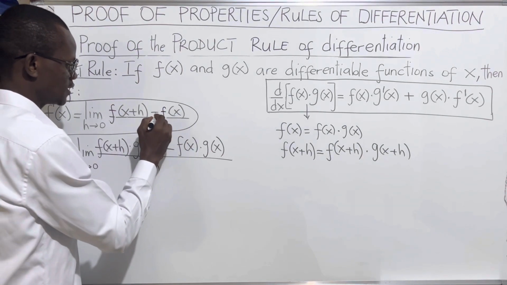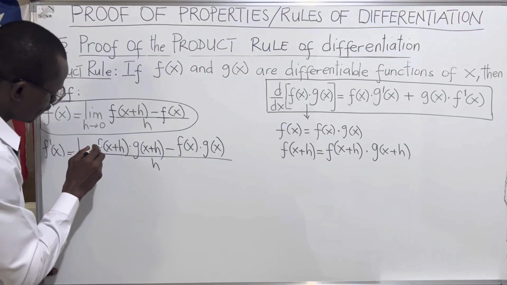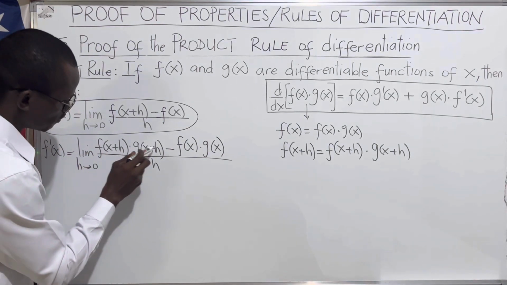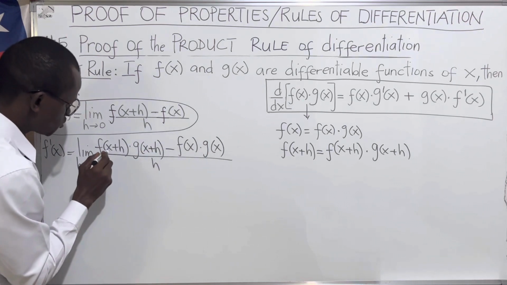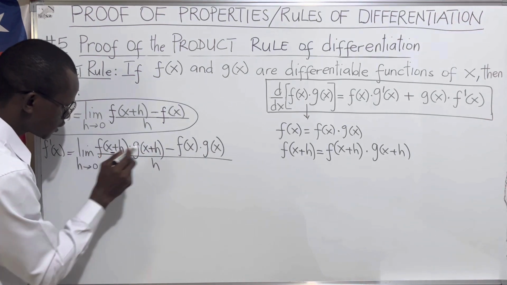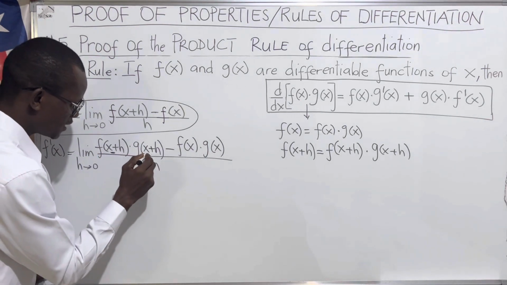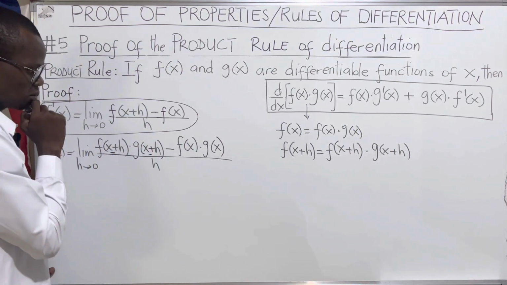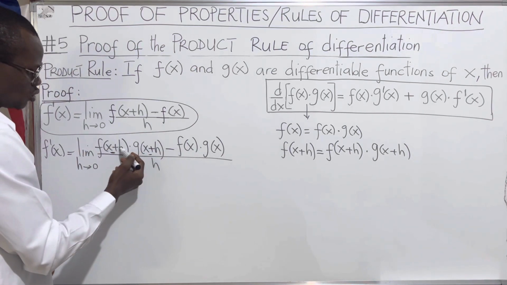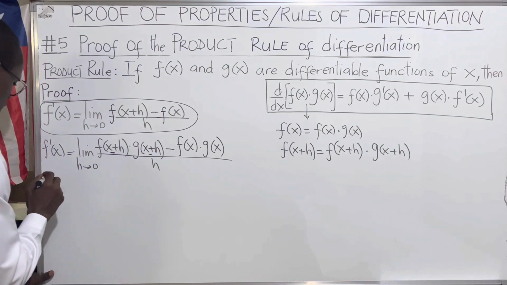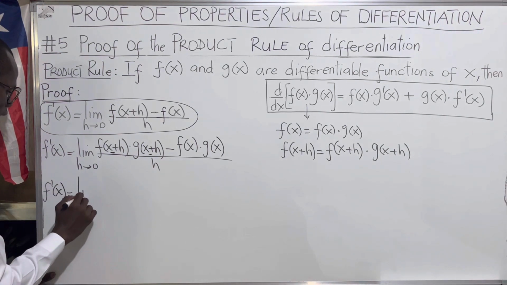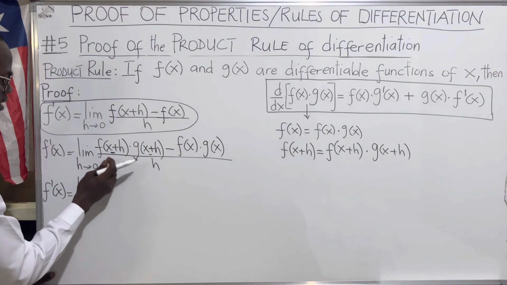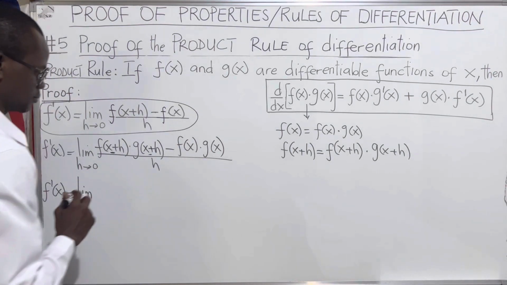With that being said, since we have f of x plus h times g of x plus h, and f of x, g of x, we need to pair this f of x plus h with f of x and pair this one with g of x. But we cannot just do it here because there's no common factor. So we need to rewrite an expression wherein we can get a common factor for both of them.